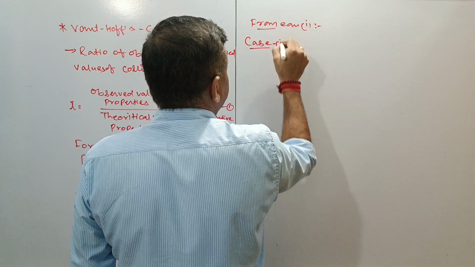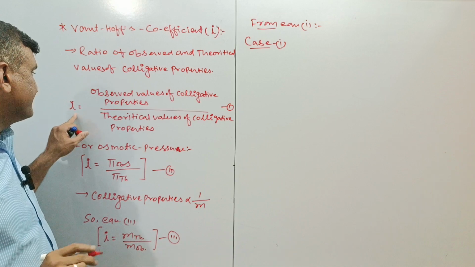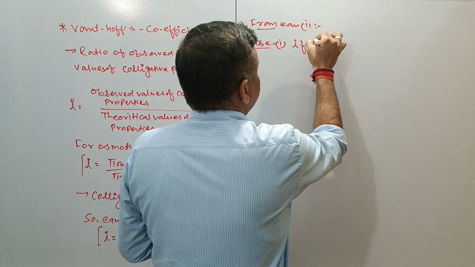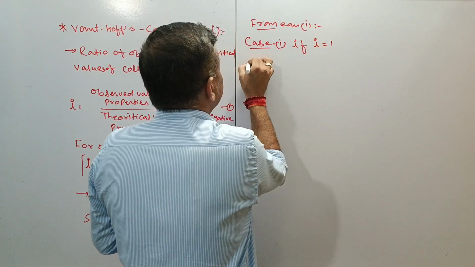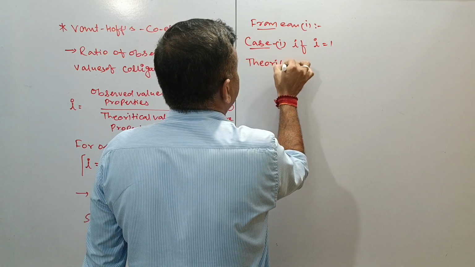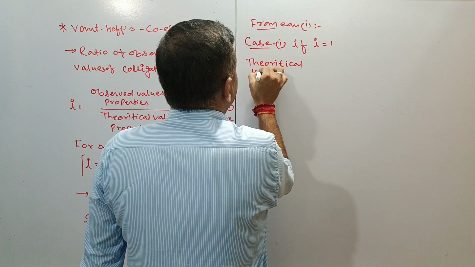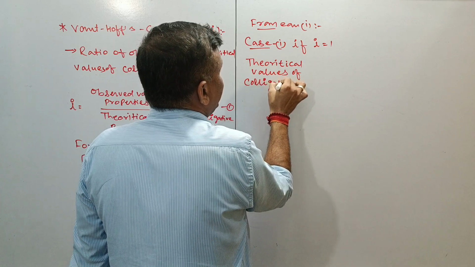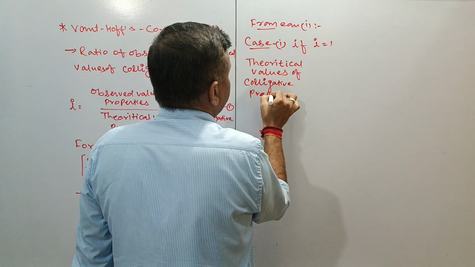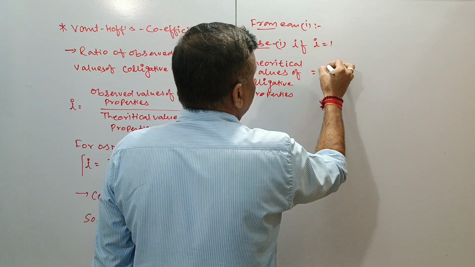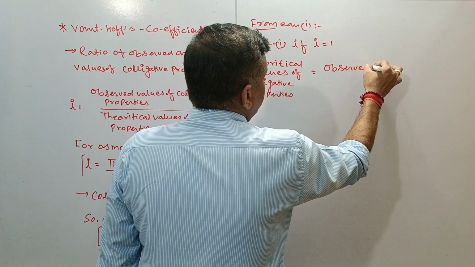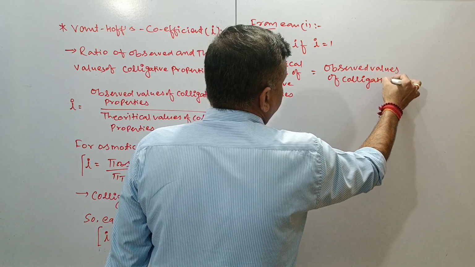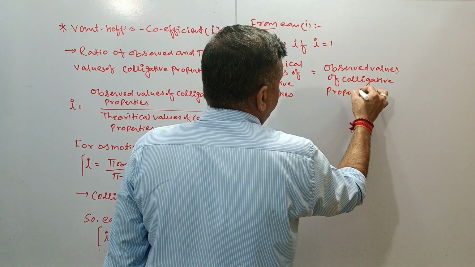As case first, if the value of i is 1, then we can say the theoretical values of colligative properties will equal the observed values of colligative properties.